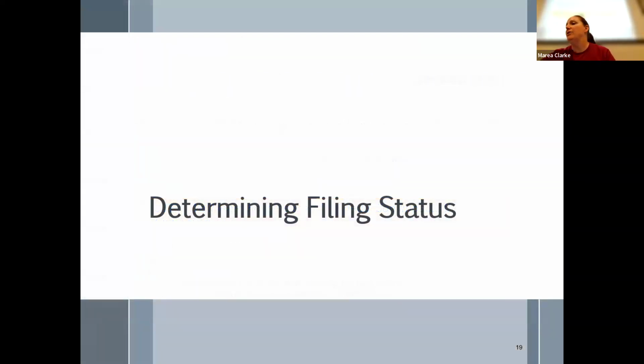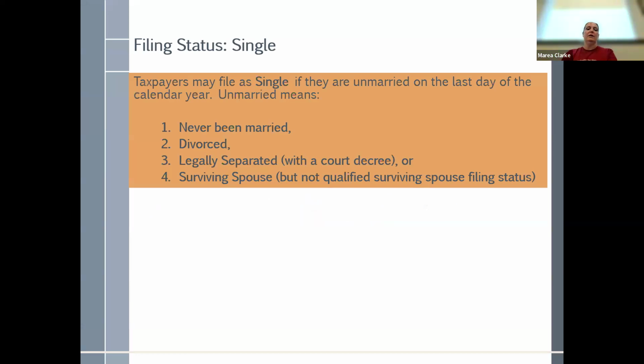All right, so how do we figure out what somebody's filing status is? It's kind of a process of elimination. Taxpayers can file as single if they are unmarried on the last day of the calendar year.